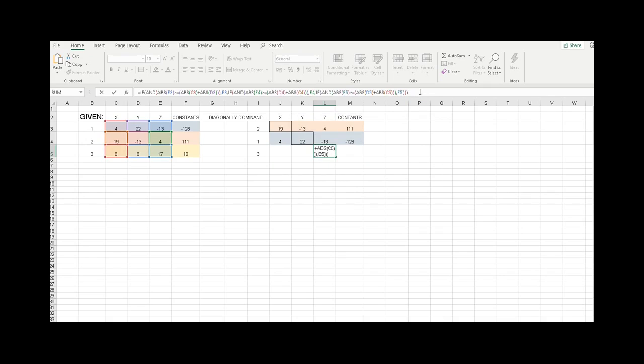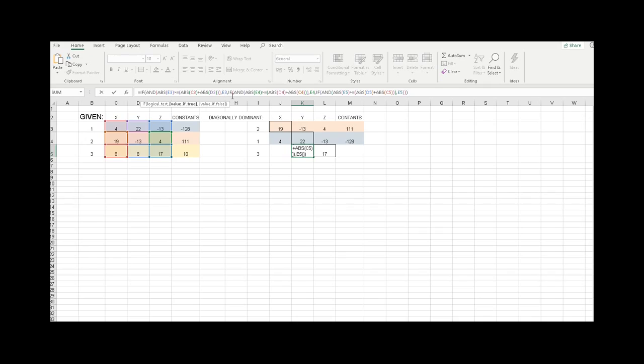So again, if I press enter, the value here should be 17 since it's the last one, and it should be Z dominant for this Gauss-Jacobi method to work. So yeah, 17. So now let's just copy the code again, and let's do the same thing on the other cells.